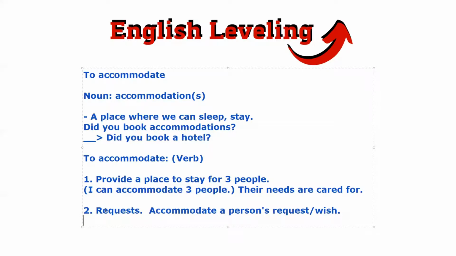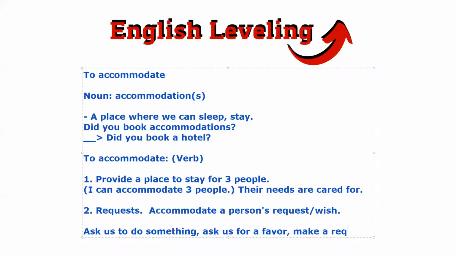And so what exactly does that mean? Well, if they ask us to do something, or ask us for a favor, they make a request, we can do it for them, or we can help them.